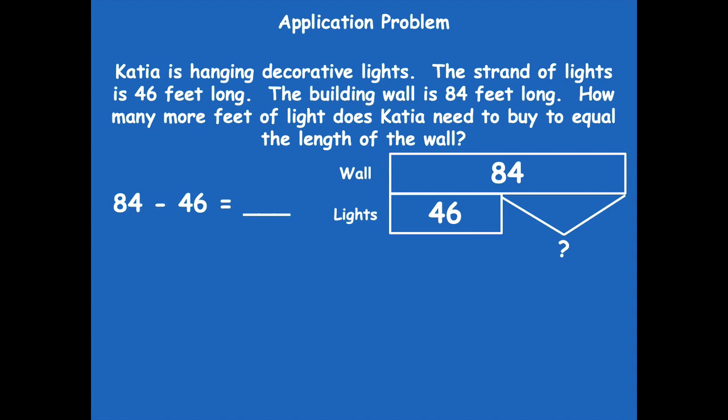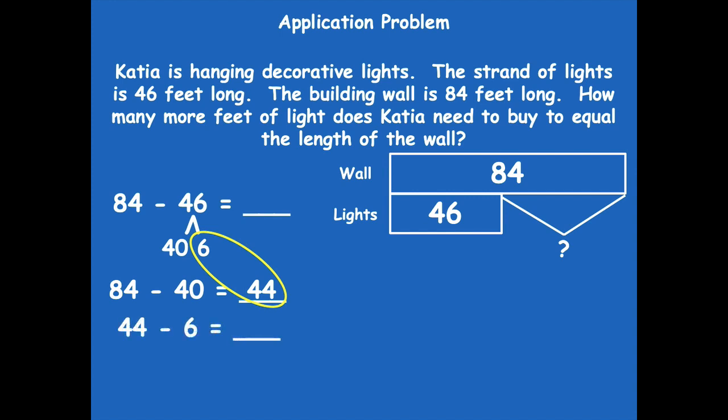Well, I'm going to break apart some of these numbers. I'm going to use some number bonds to help us. So 84, I could subtract much easier if it was 40 and 6. So I'm going to take 84 minus 40, and I know that that's 44. Now I need to subtract the 6 from 44, and I'm going to break that apart even more.